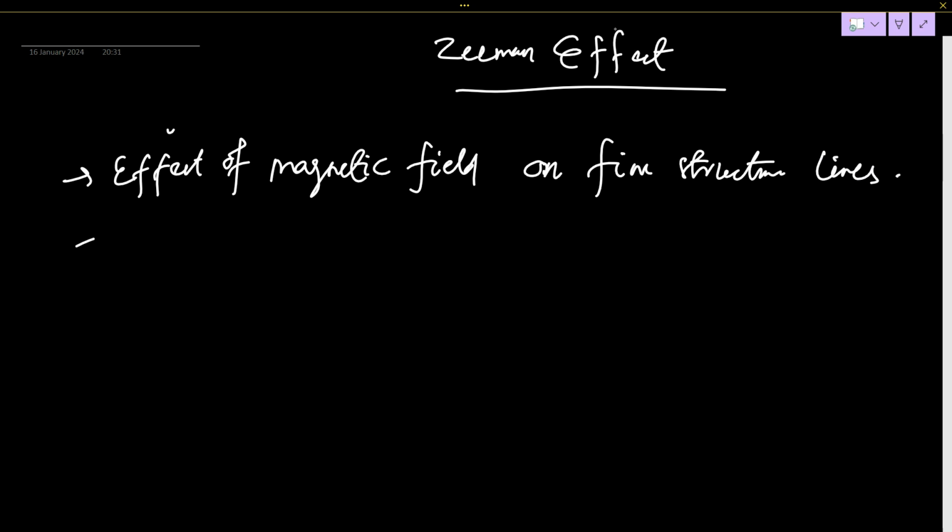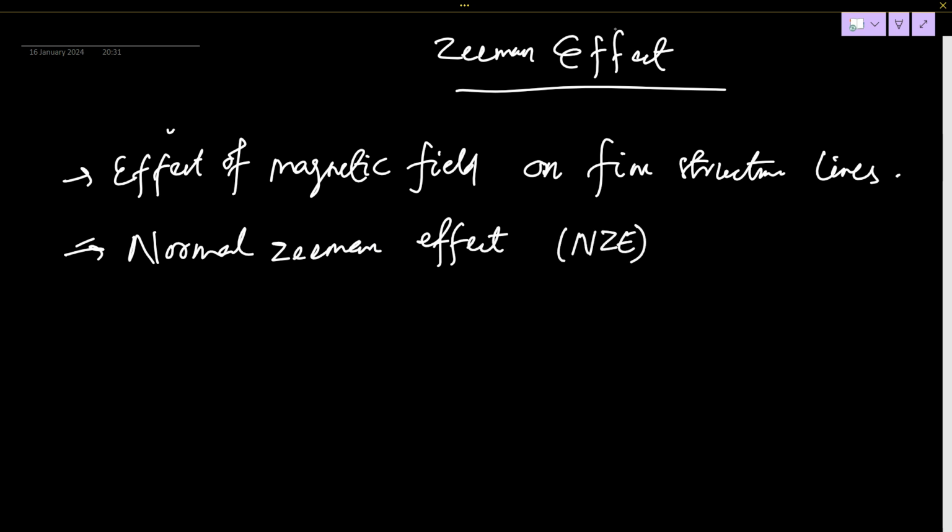Okay, there are two types of Zeeman effect: normal Zeeman effect and anomalous Zeeman effect.